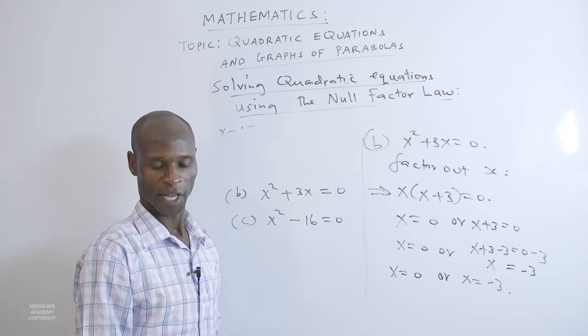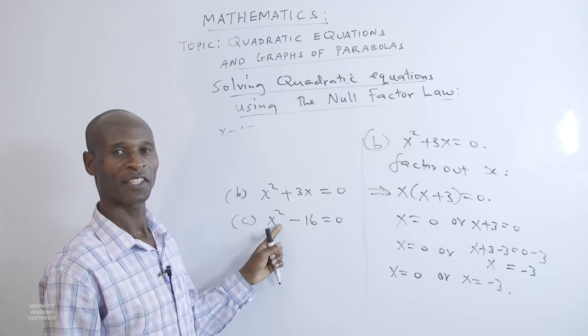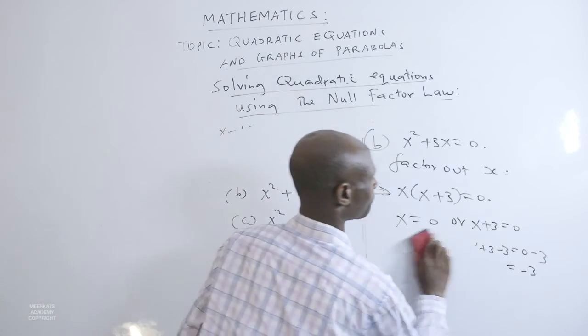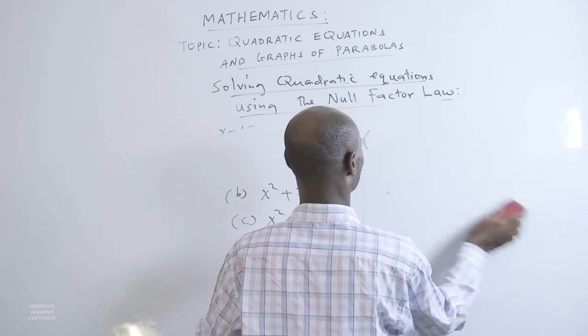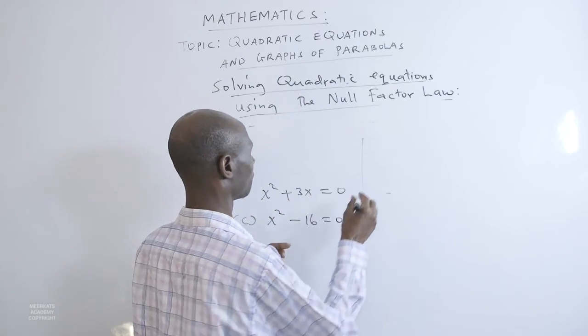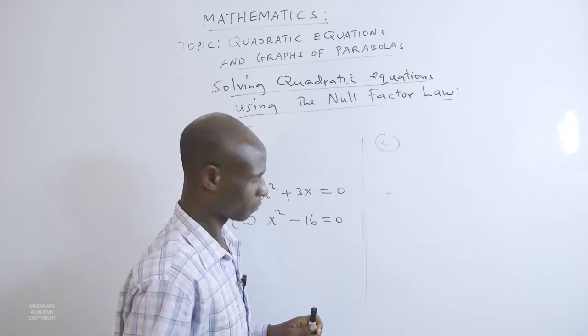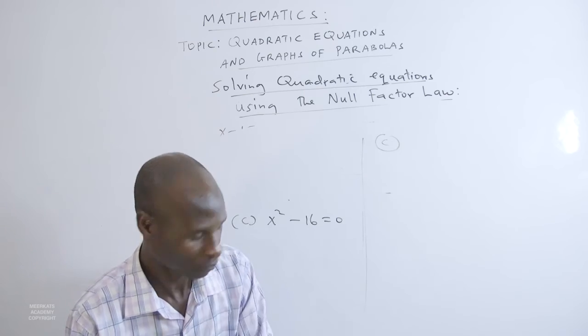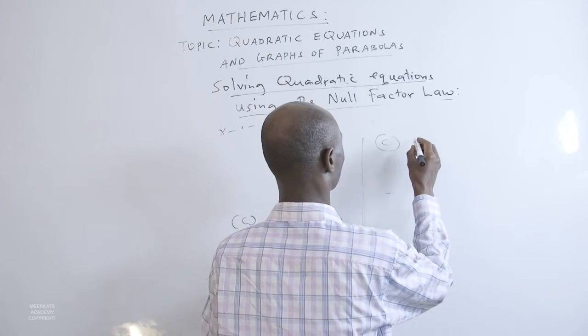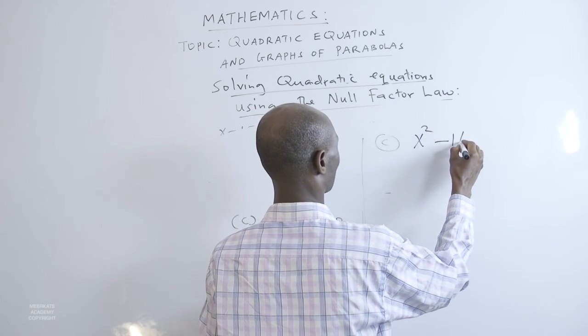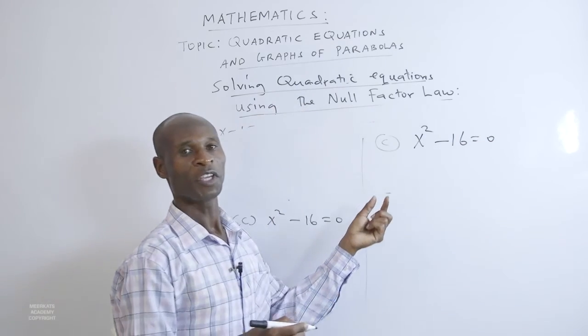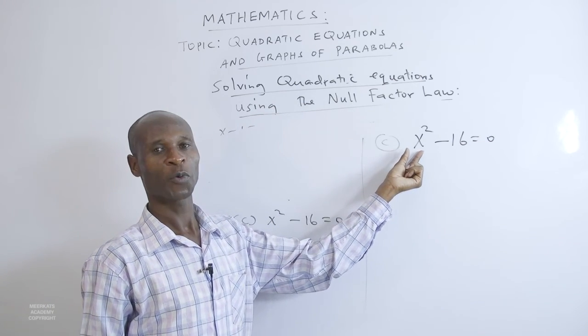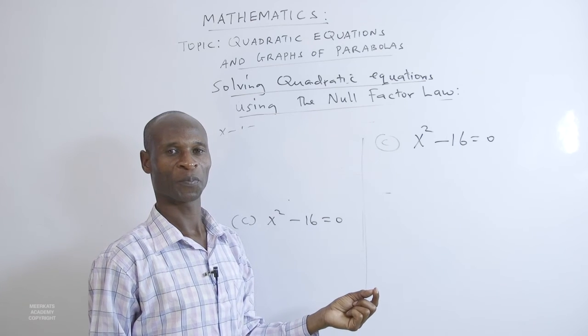Then finally, as we conclude, we look at the last part C. So in part C, we have x squared minus 16 is equal to 0.